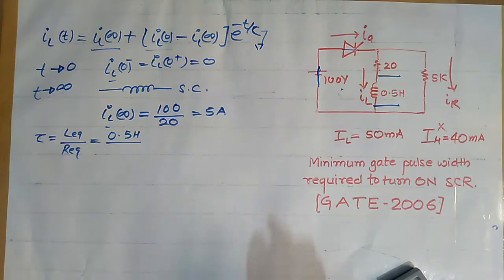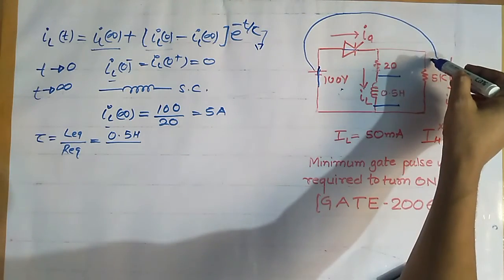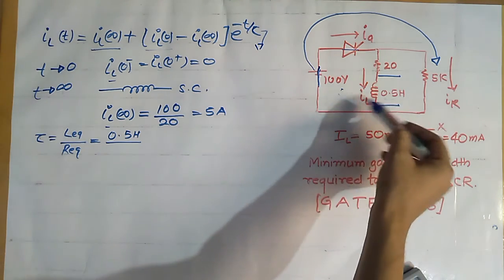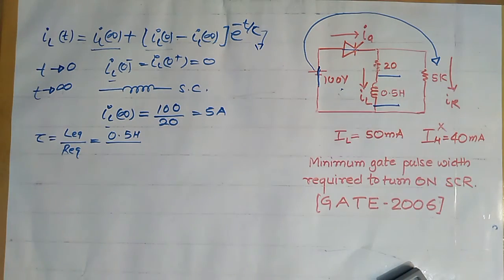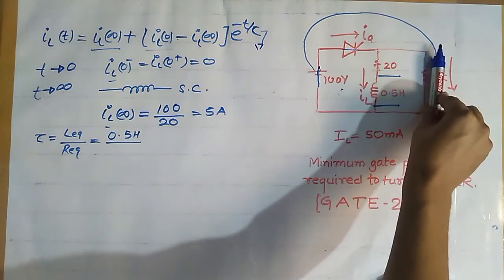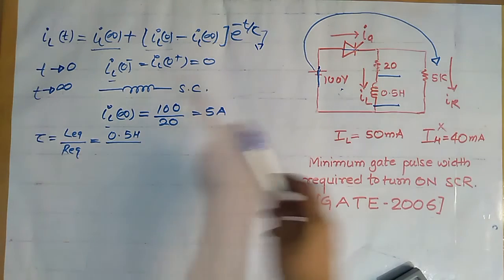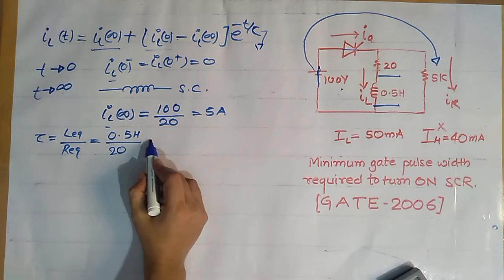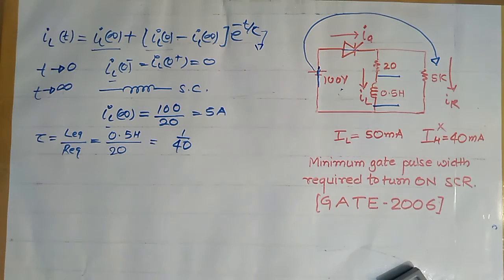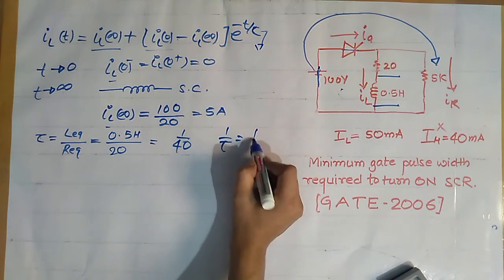When we short this, this 5 kilo ohm resistance gets bypassed, because it has this shorted branch in parallel. So the equivalent resistance is simply equal to 20 ohm, because this makes the 5 kilo ohm resistance bypassed. So we get 1 upon tau equal to 1 by 40.